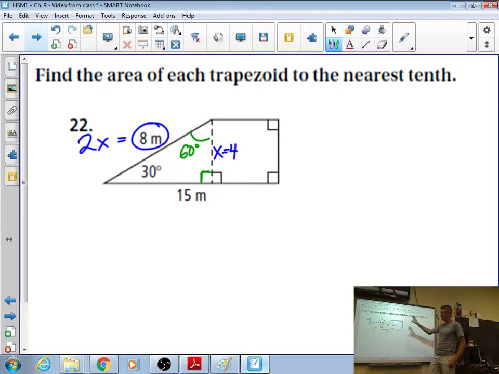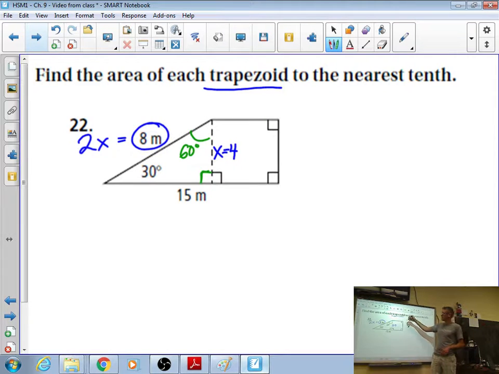Now, that helps me with the height of the image. But is this a square? Well, it's not marked as a right angle over there. Actually, that's a really good point. It kind of looks like a square, but we're not 100% certain that that's a right angle. Now it should be because it's a trapezoid, right? A trapezoid should have a set of parallel lines.